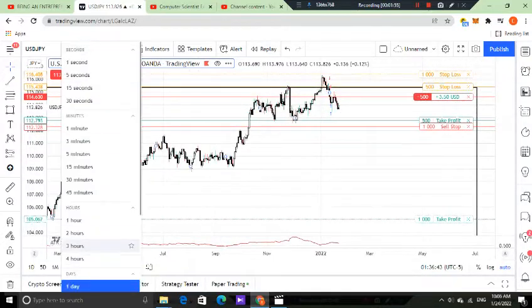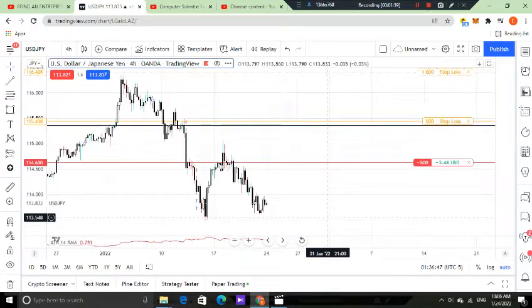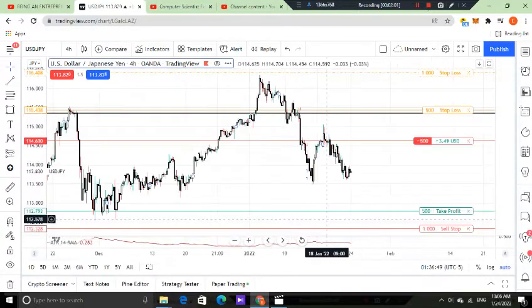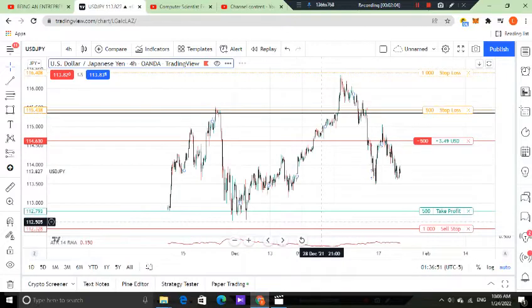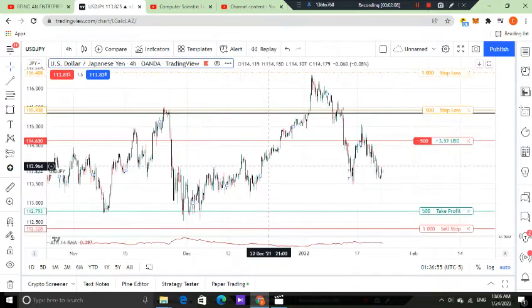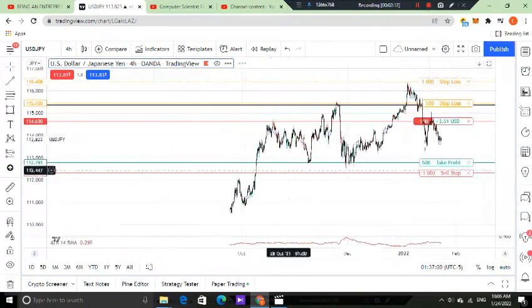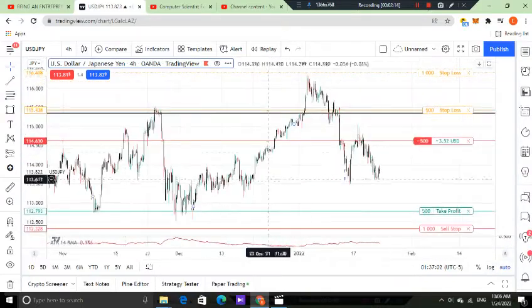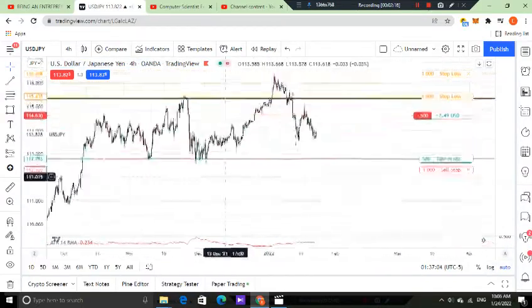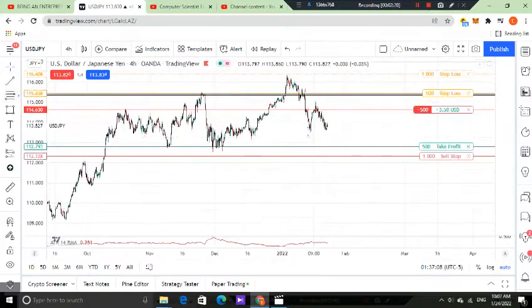I think so. Yeah, it can be a good example. Here you have this trading range in the weekly time frame. You can consider another trading range in the daily time frame, which is here.